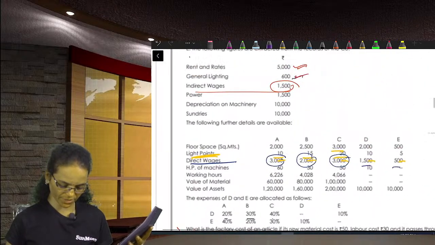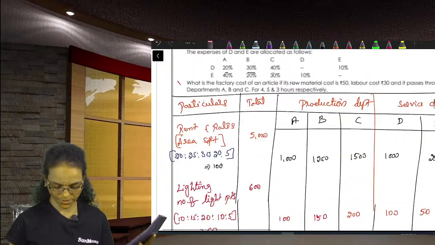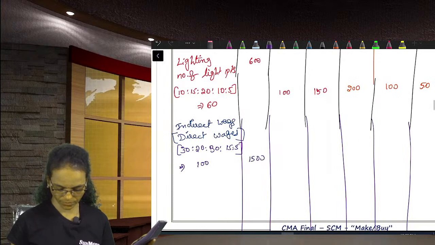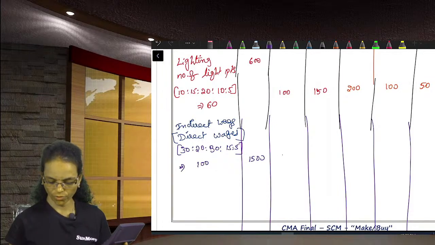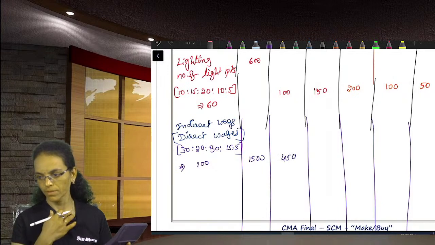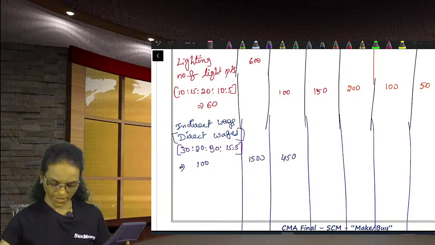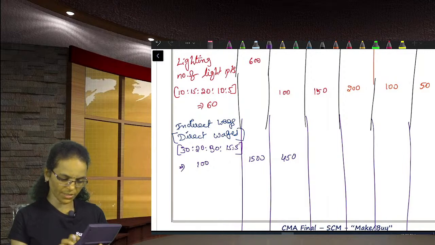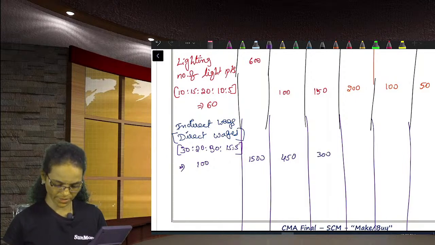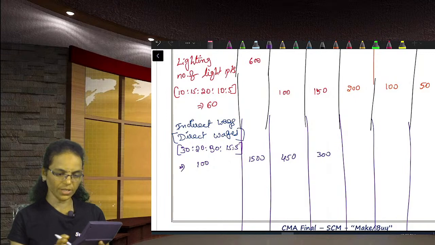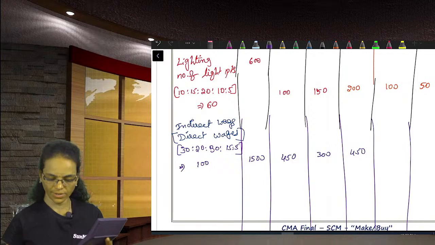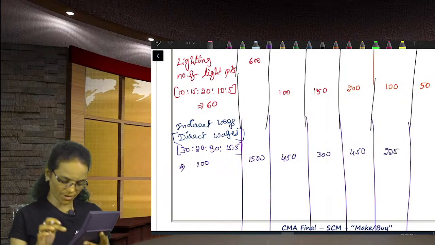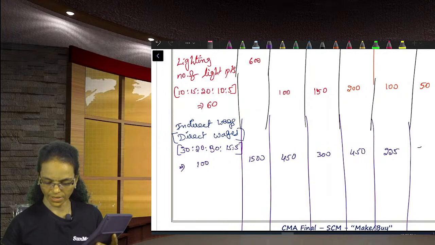Expenditure for indirect wages is 1,500 rupees. 30 divided by 100 into 1,500 is 450, then 300, 450, 225, and 75.